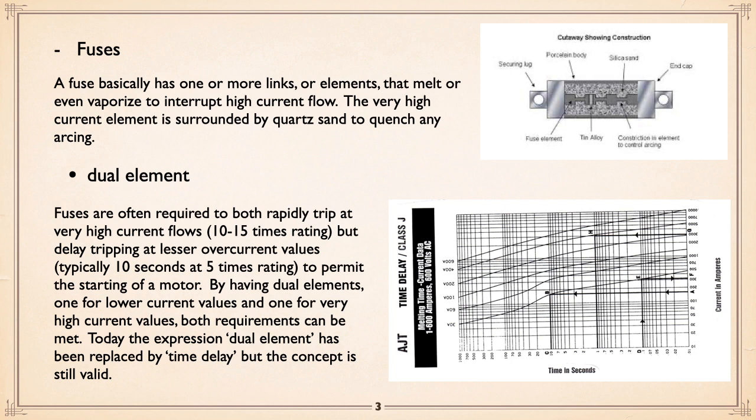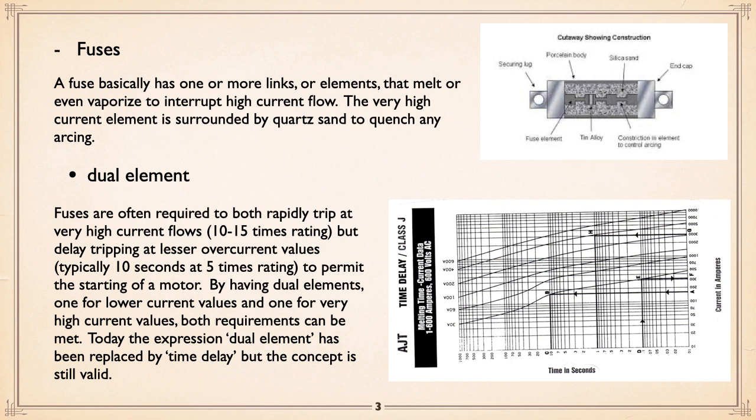So let's take a motor that's pulling 175 amp, okay? At 175 on starting, and if you follow the little arrow there at 175, where it hits at point B, that fuse will give you 10 seconds before it trips.